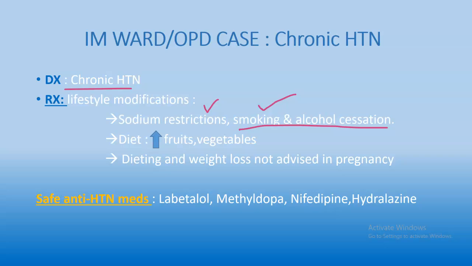Then the diet should include a lot of fruits and vegetables. Remember, dieting and weight loss are not advised in pregnancy, even if she is obese, because she needs to provide nutrients for the fetus.